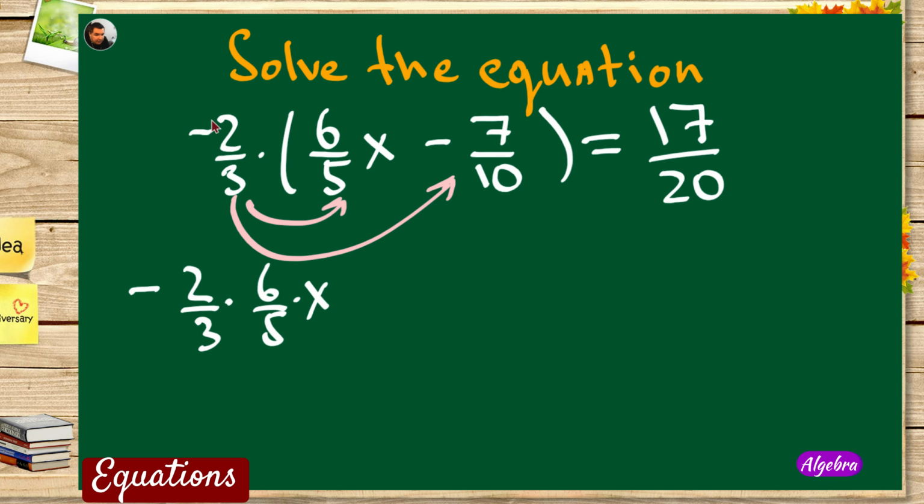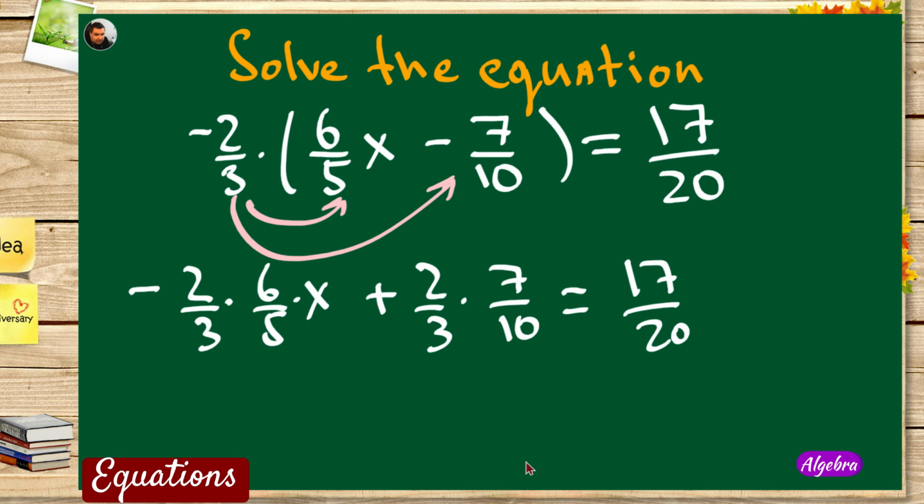Here we have negative multiplied by negative, which is going to be positive, so I'm going to put plus. I'm going to write 2/3 multiplied by 7/10. And this part I'm going to leave as it is, 17/20. So that's what we have.